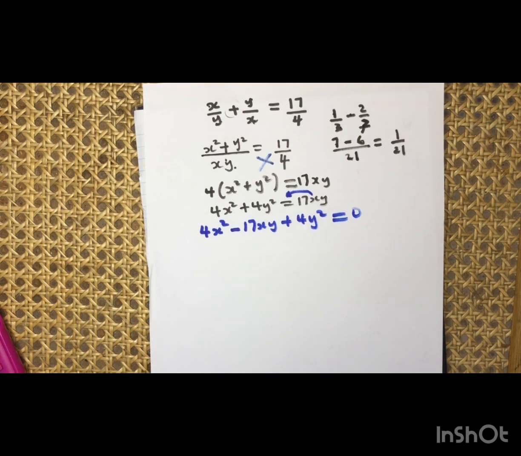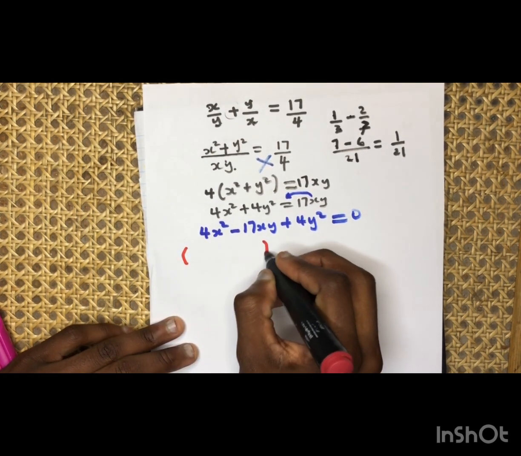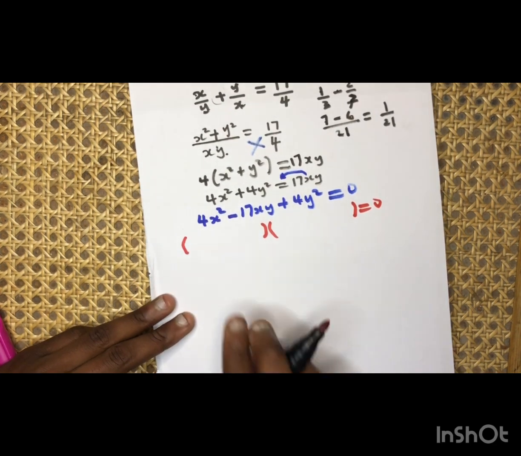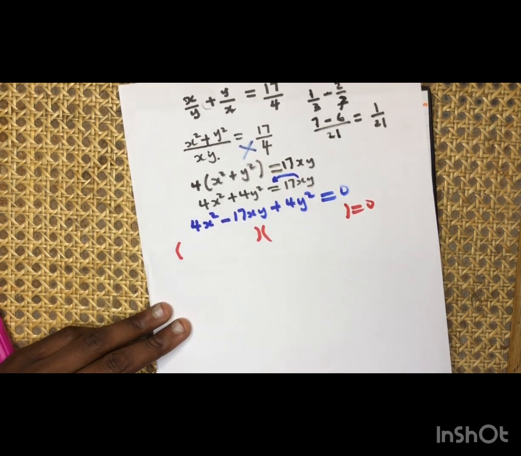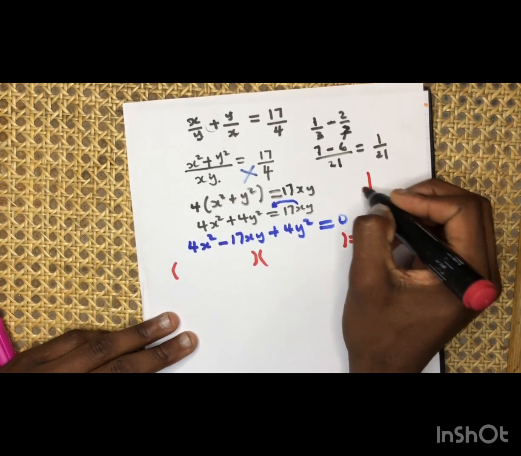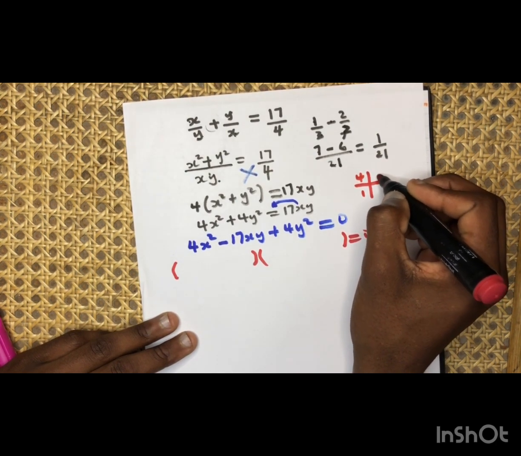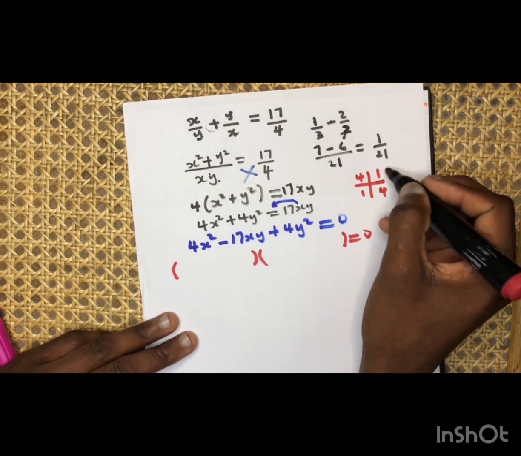So guys, it's a matter of factorizing now. I will just open the brackets. I know that in grade 11, you know how to factorize. So the factors of 4 that will give us 17, guys. If we have 4 here, and a 1, and 1 here, and a 4. So 4 times 4, you get 16. 1 times 1, you get 1, which makes 17.